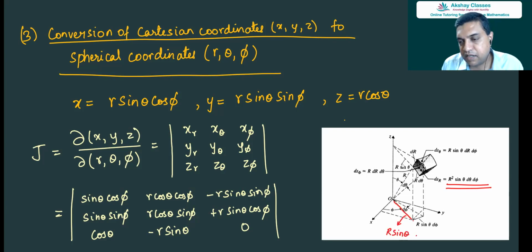I take that projection of the radius on the XY plane, so I get R sine theta. Now R sine theta into d phi is this length. The top surface here is R sine theta d phi.